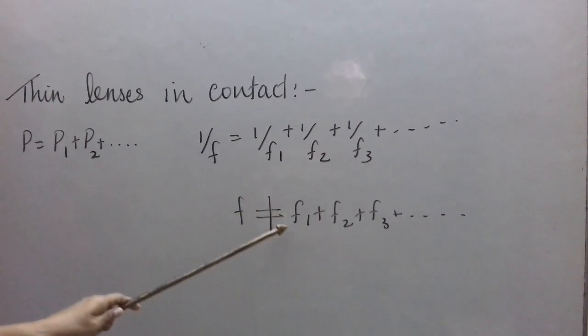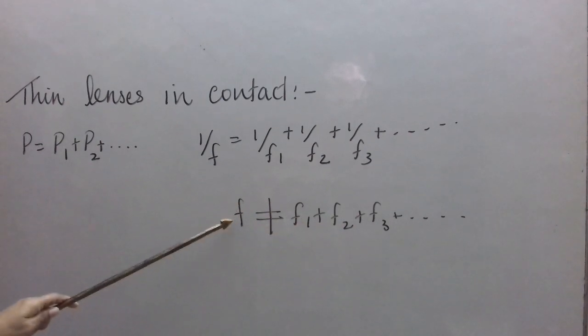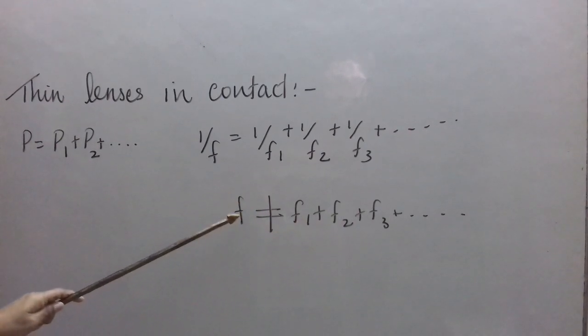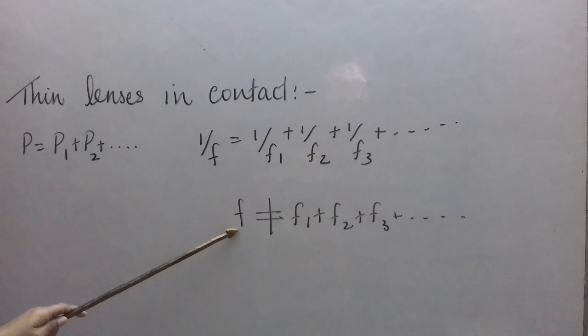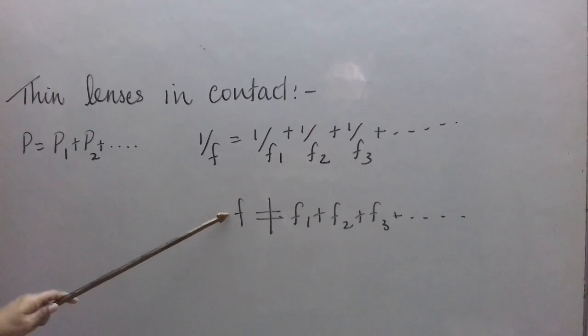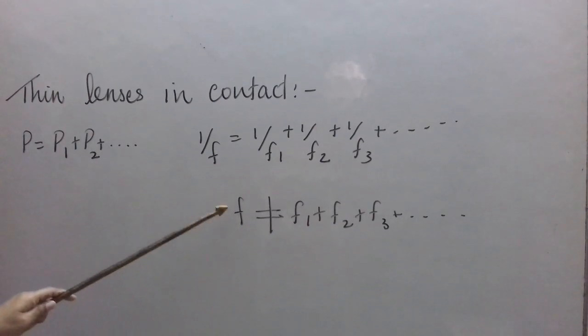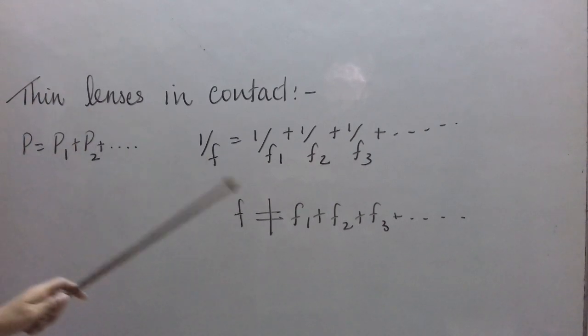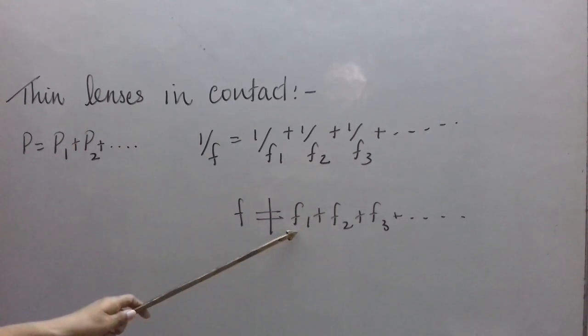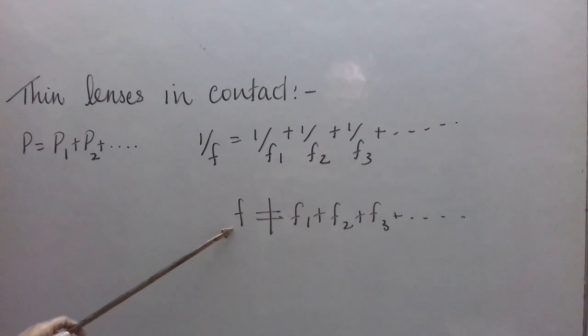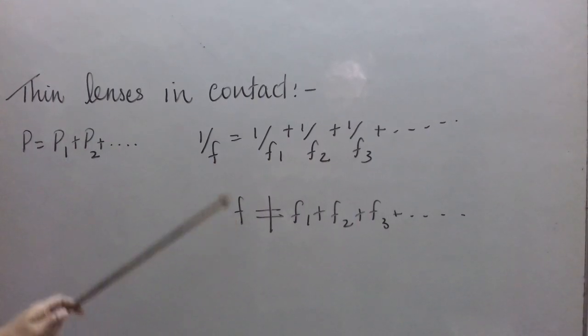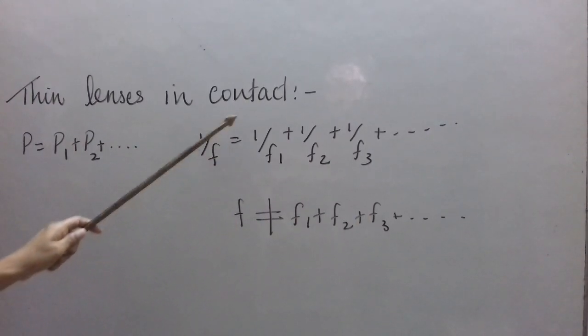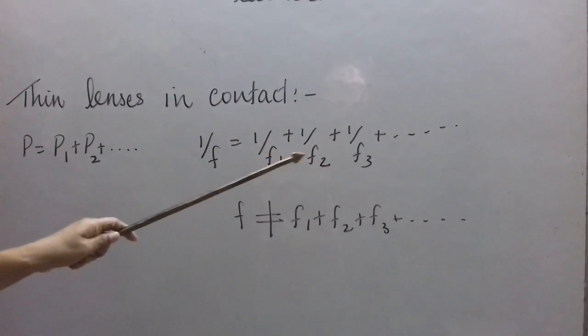So we cannot directly add the focal lengths to get the equivalent focal length of the combination. This is wrong. When 2 or more thin lenses are in contact, their focal lengths are not added to get the effective focal length of the combination, but 1 upon F is 1 upon F1 plus 1 upon F2 and so on.